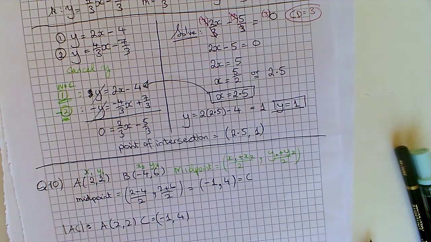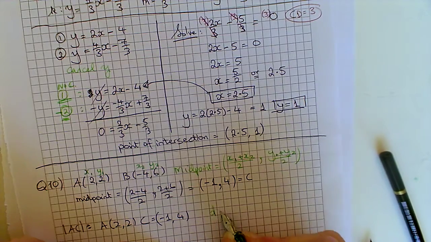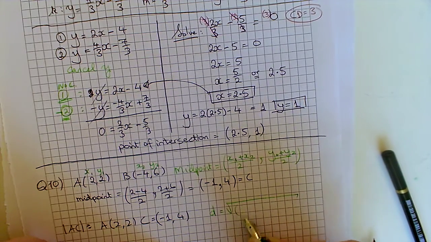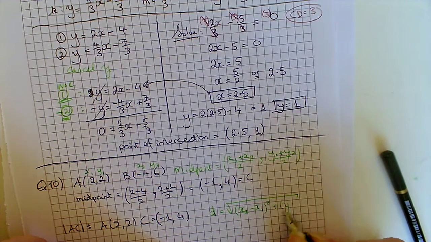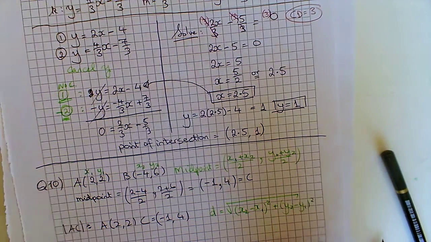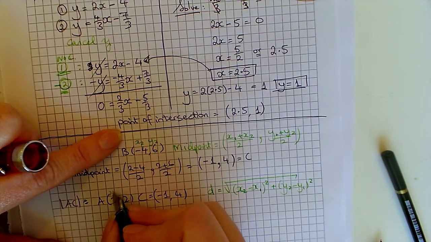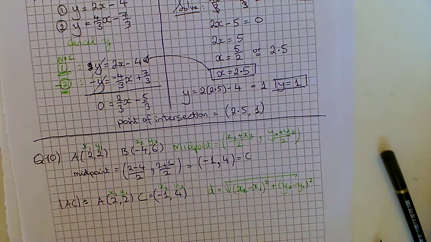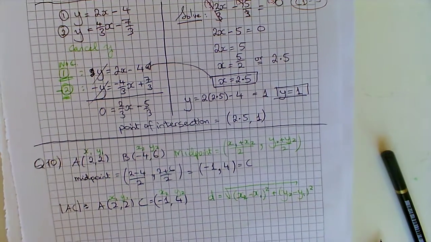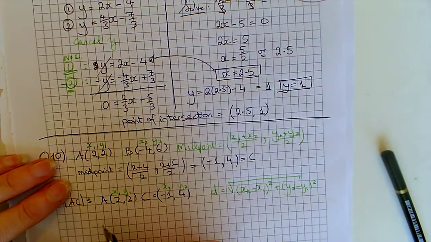Now you might have forgotten that the distance formula is the square root of the difference between the x values squared plus the difference between the y values squared. That formula is in our log tables, of course. And that's my first point, that's my second point. It doesn't actually matter which one you call the first point and which one you call the second point, because distance is the same regardless which direction you go in.